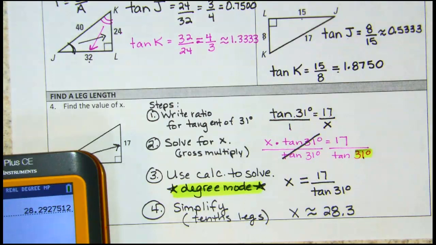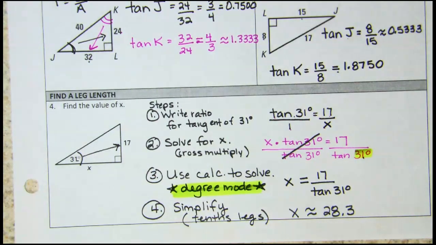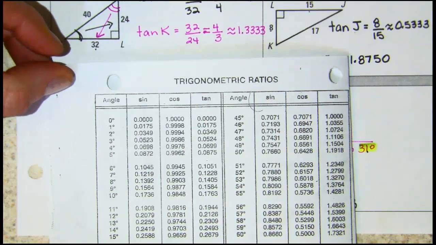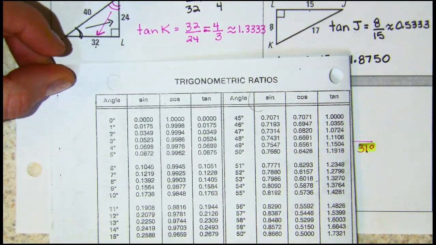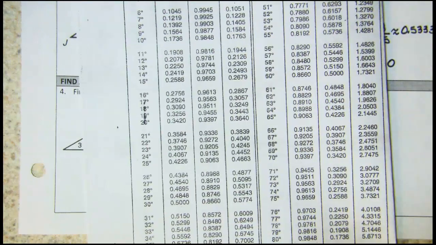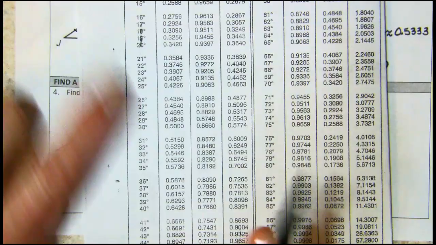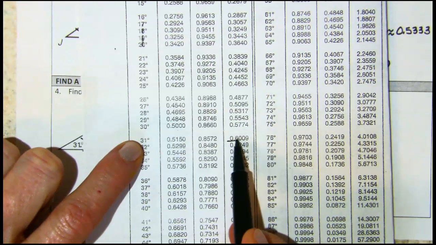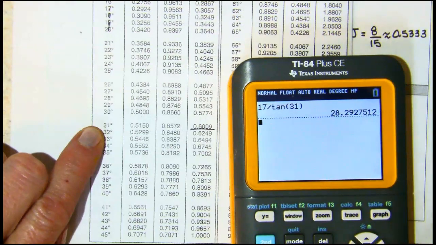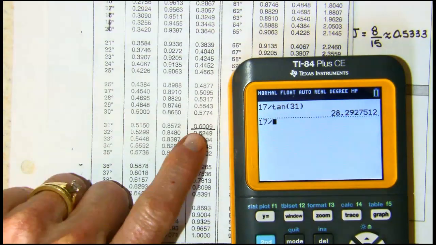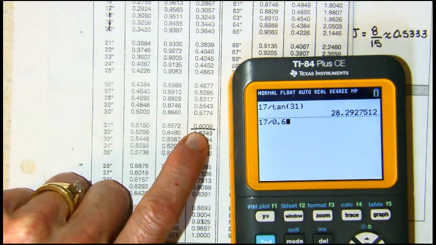So what if you do not have a good calculator? Remember yesterday I showed you that we have a chart. So basically what we just did is, remember we had tangent 31 degrees here. This is tangent 31 degrees. Basically what we just did, the calculator did the work for us, but we did 17 divided by this ratio.